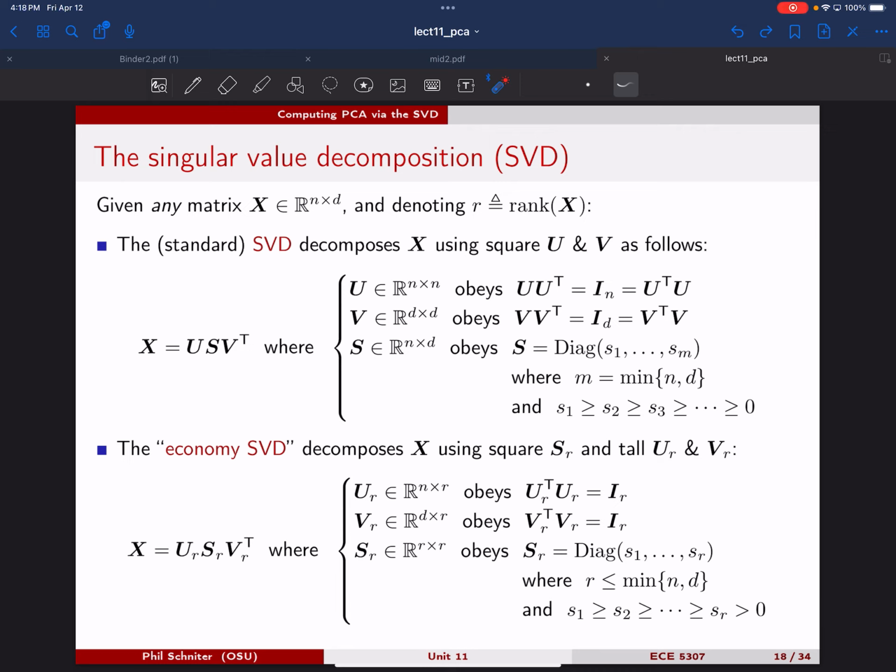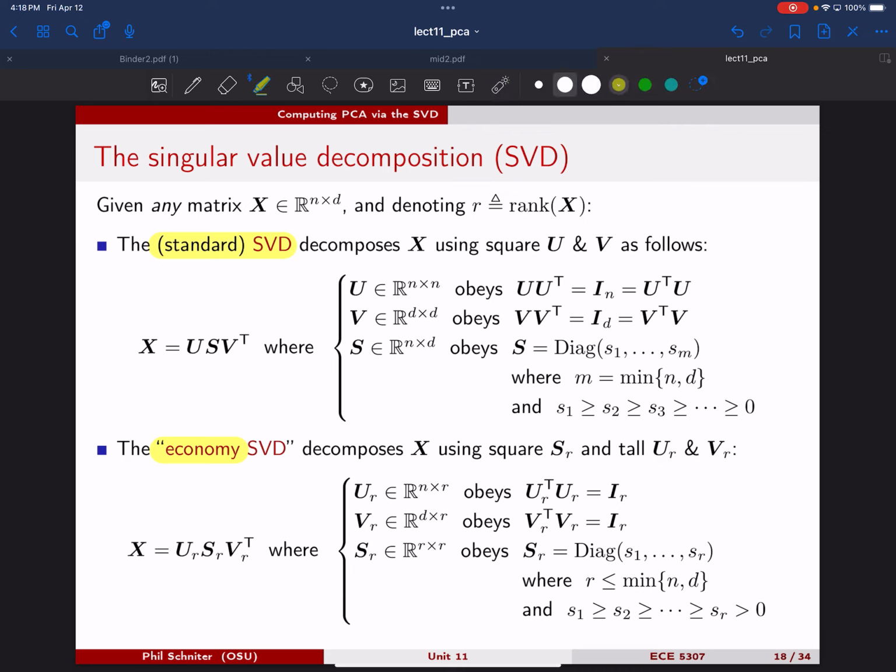Okay, so there's actually two versions of the SVD. There's the standard one, and then there's this economy one, which has a lower computation, where you don't compute as many things. For the standard SVD, like I mentioned, it's orthogonal, diagonal, orthogonal. This U is an orthogonal matrix that's n by n.